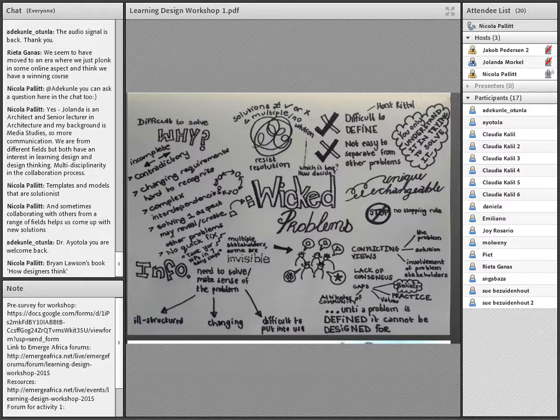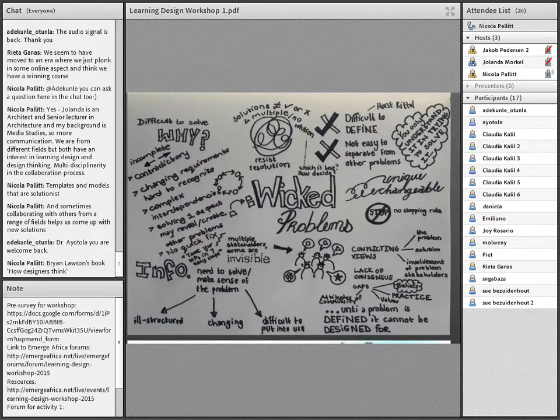But the basic idea is that not only is it hard to define, but it's difficult to separate out from other problems. They can be unique, they can change, they can morph. So once you think you find a solution, this problem becomes a whole set of other problems, and solving one aspect of a problem might reveal or create other problems.